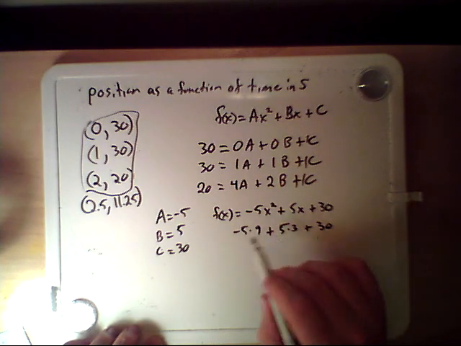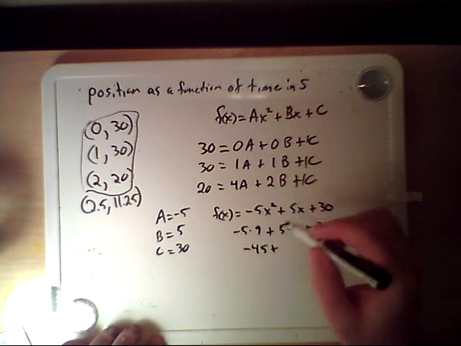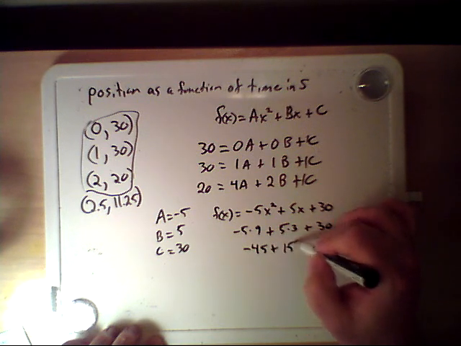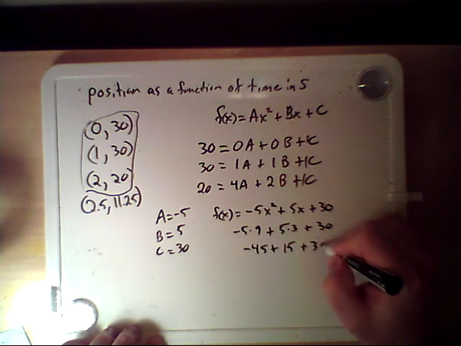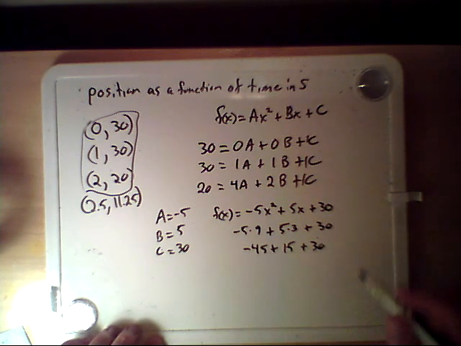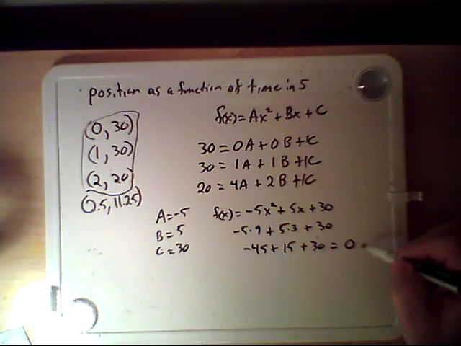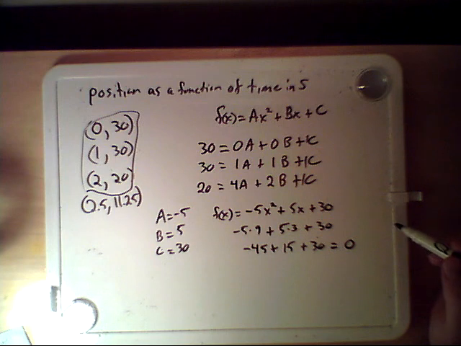So -5 times 9 is -45, plus 15, plus 30. Well, -45 plus 15 is -30, plus 30. That's going to equal 0. So actually after 3 seconds, that rock has hit the ground. Its height is 0, which is kind of fun. Actually, it's not fun at all. It's just hit the ground.